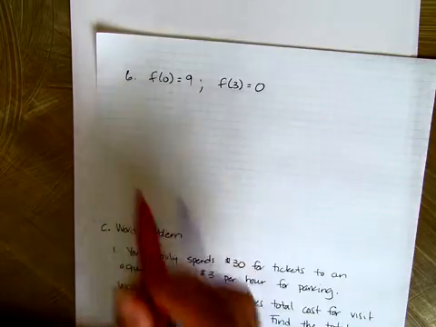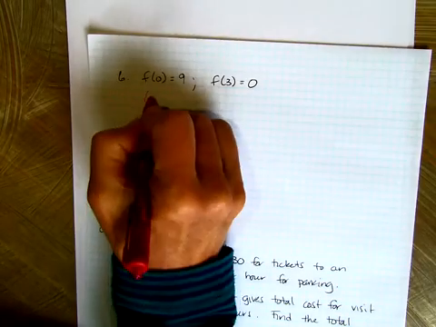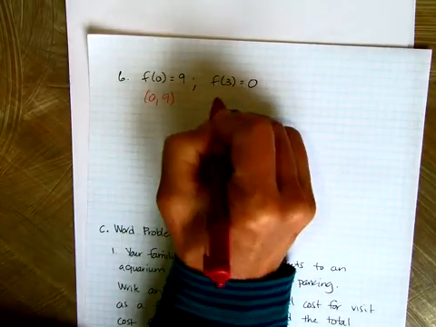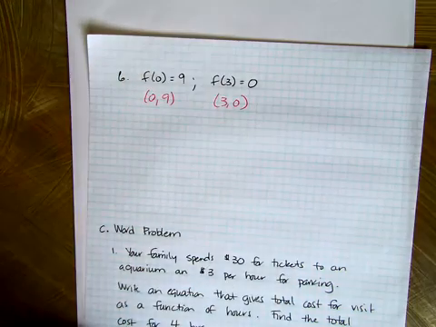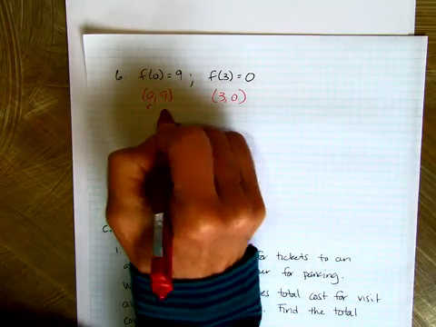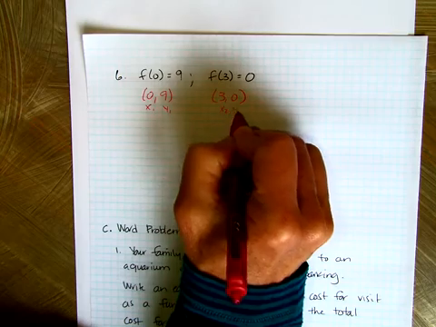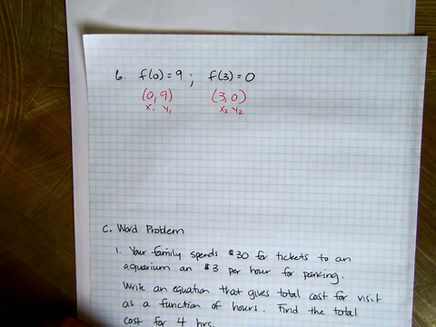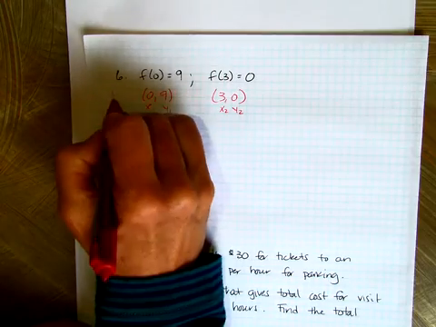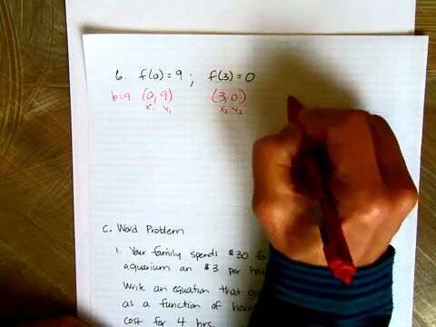There's function notation. What are you going to do? Immediately interpret it to point. 0 went in, 9 came out. 3 went in, 0 came out. x1, y1, x2, y2. Which one is my vertical intercept? That's right, this one. b equals 9.